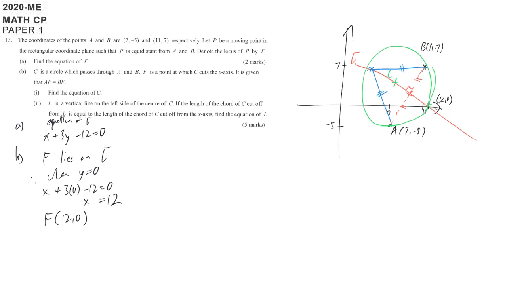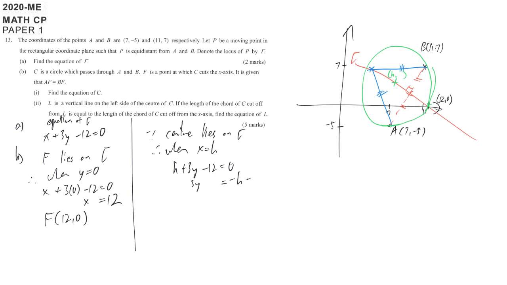If I let the x coordinate be h, again, since the center lies on inverted L, when x is equal to h, then the corresponding value of y is (negative h plus 12) over 3.